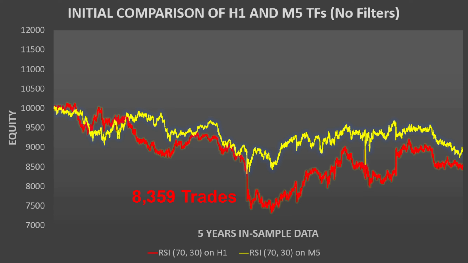However, when we move down to the M5 time frame, this now increases the sample size to over 71,500 trades. And so this gives me a lot more confidence that any results we see now with the implementation of time of day filters is going to be much more meaningful and give us more statistically significant insights.